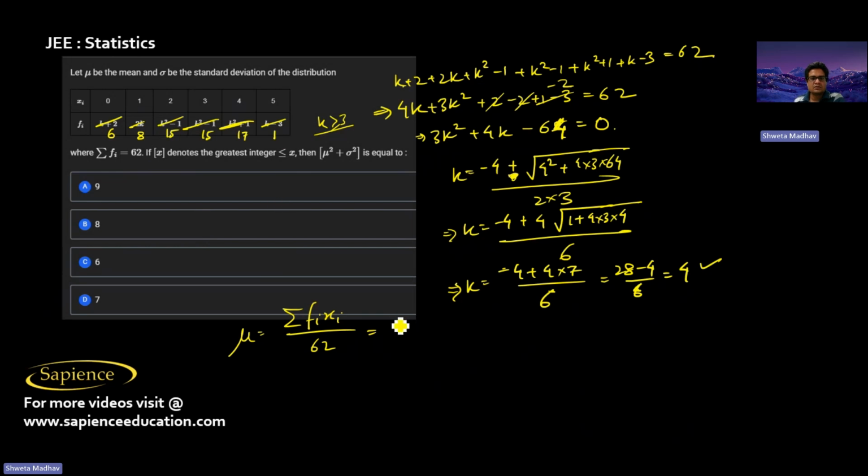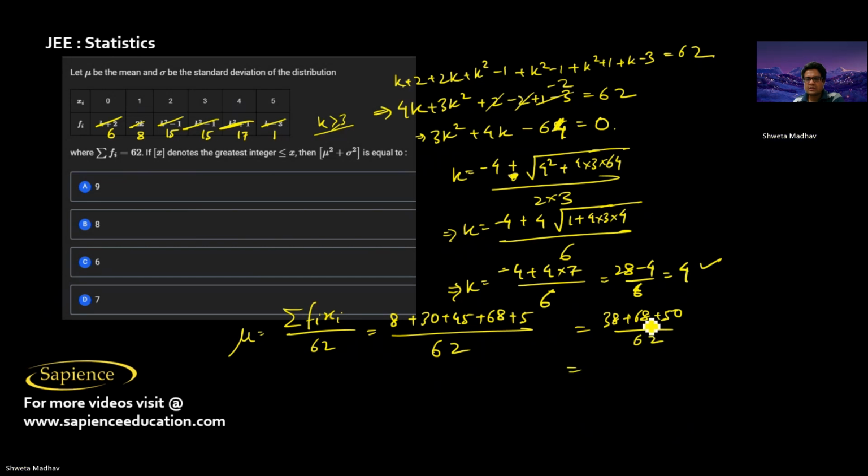So I will do 6 into 0, that is 0, plus 8, plus 15 to the 30, plus 15 to the 45, plus 17 fours are 68, plus 5, 5 into 1 is 5, divided by the sum of all the frequencies, that is 62. So this will be 38 plus 68 plus 50 divided by 62.